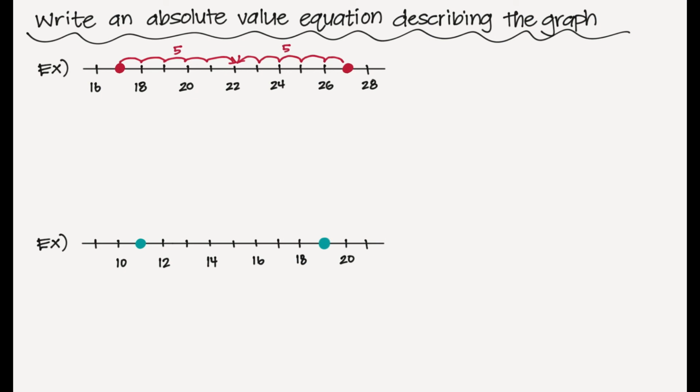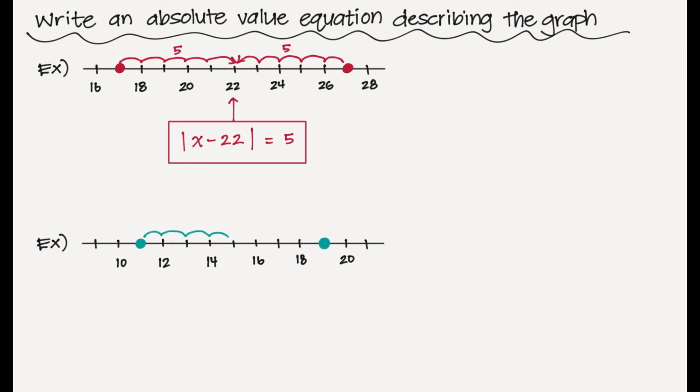Because my outside values are both 5 units away from 22. So the distance away from 22 could be described as x minus 22 is going to be equal to those 5 units. And that is it. So absolute value of x minus 22 equals 5.